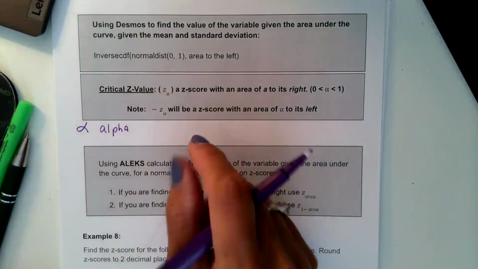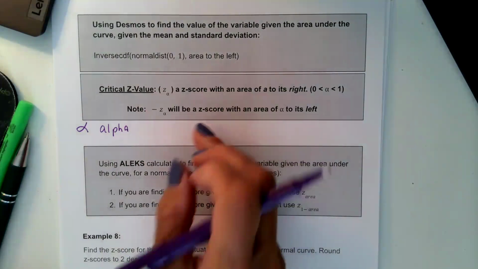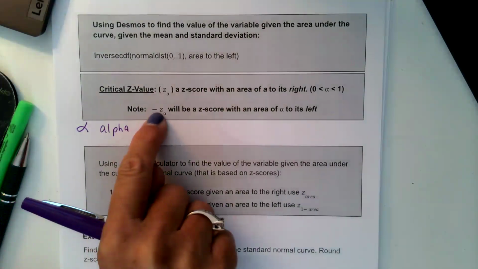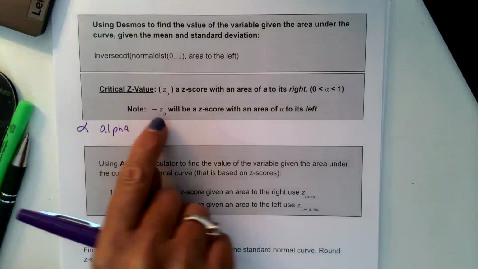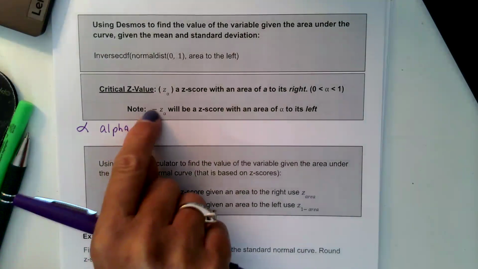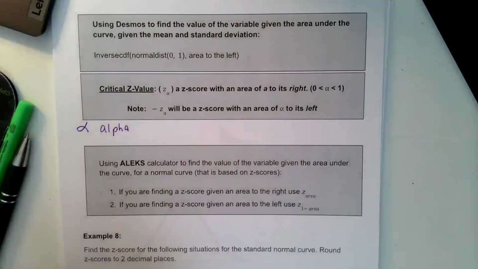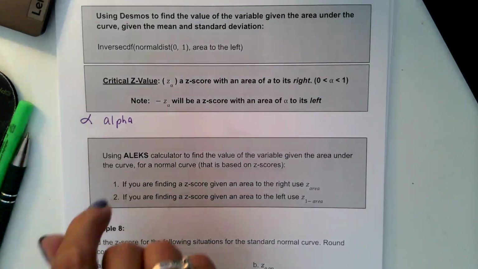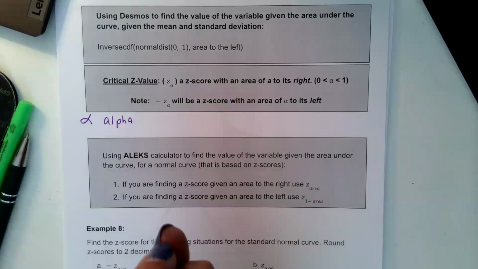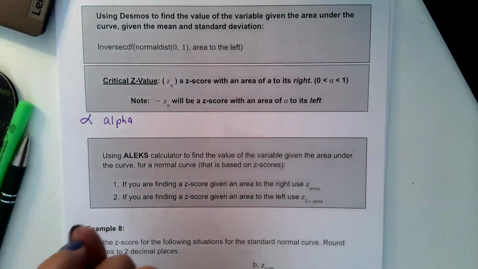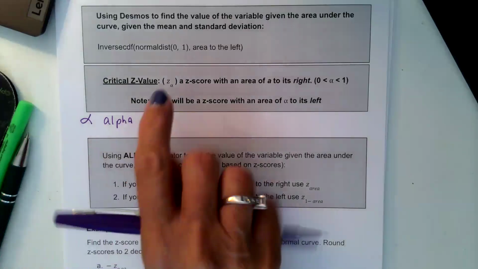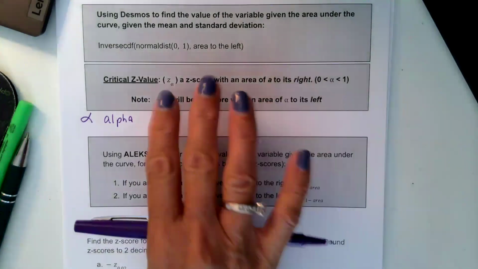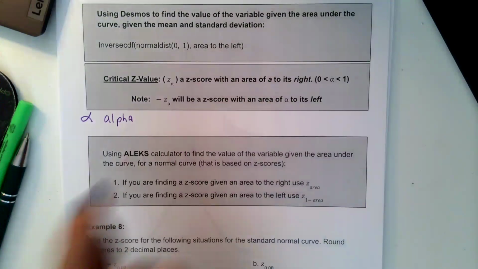Now, if we want to find a z-score that's on the left, we have to denote with the symbols by saying a negative out in front, not a negative on the alpha. Okay. There's also in the printed notes or formula packet a critical z table that we're going to learn how to use in later chapters, but I did want to let you know that there's a table in there as well.